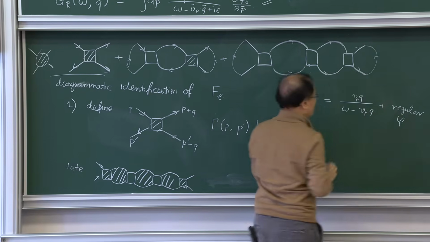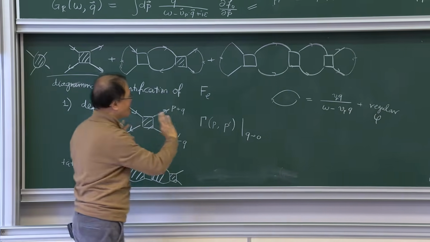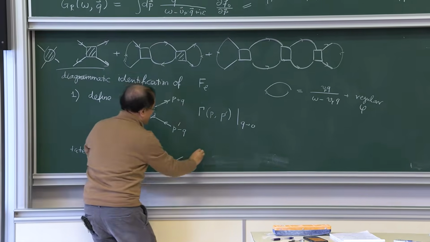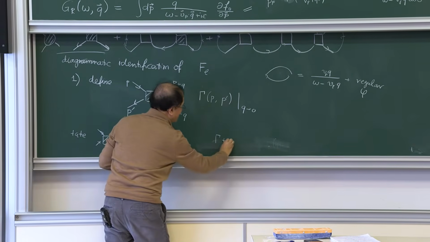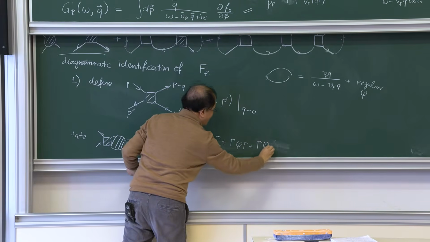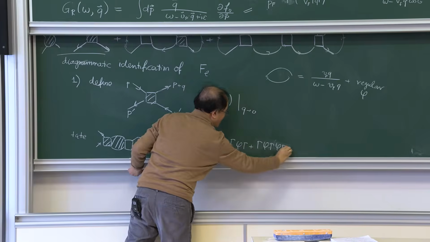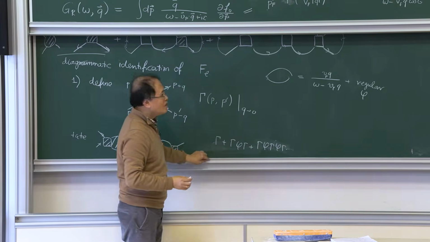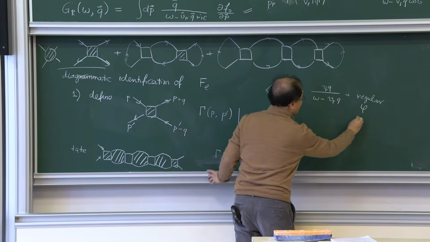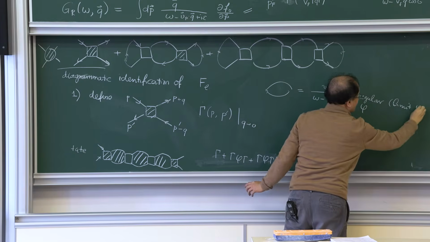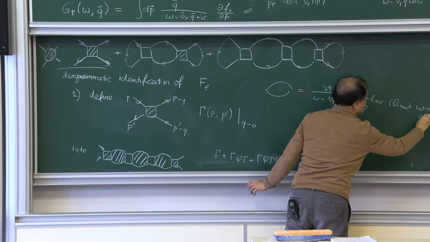Let's call that phi. I'm not sure I know all the parameters that it depends on, but then we take this gamma plus gamma phi gamma plus gamma phi gamma, etc. This phi is regular, and regular means regular in the limit omega goes to 0, q goes to 0.